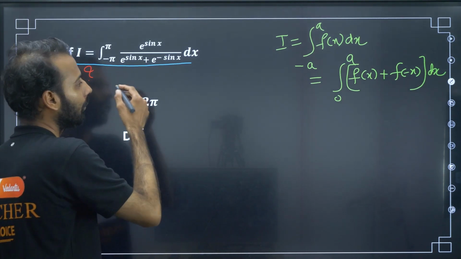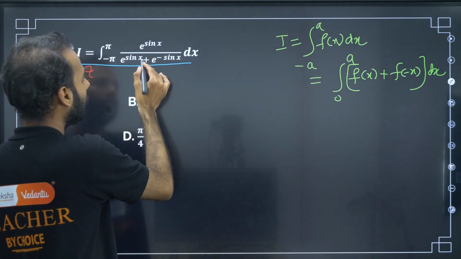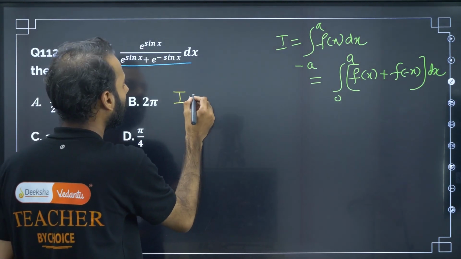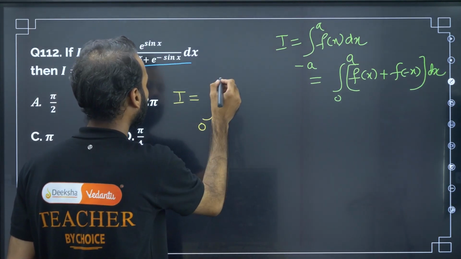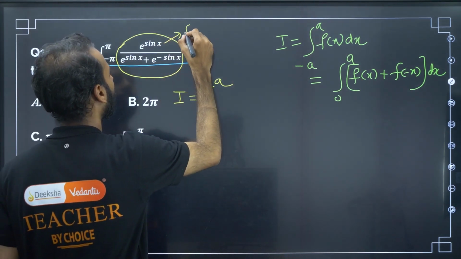Now let me come to this integral, and I will try to relate this and that. So I is equal to integral from 0 to a of f of x, this is f of x.